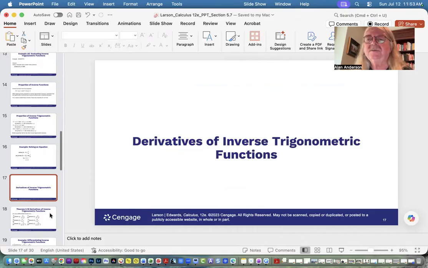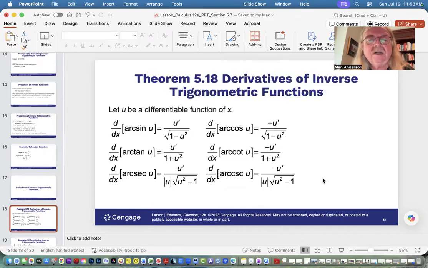Now, finally, we get to do some derivatives. So keep in mind, u here is a function of x, so we do need u prime, which is du dx. Let's copy these.